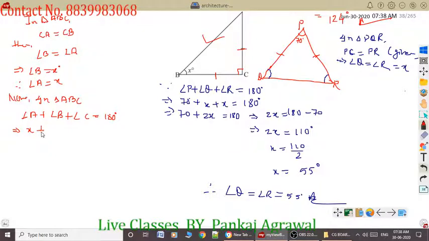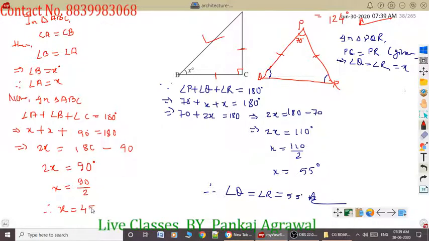Angle A is X plus angle B also X, angle C is given 90 degrees, equal to 180. Then it will be 2X equal to 180 minus 90. So then 2X equal to 90 degrees, X equal to 90 upon 2. Therefore X equal to 45 degrees. This is the answer. The value of X is 45 degrees.